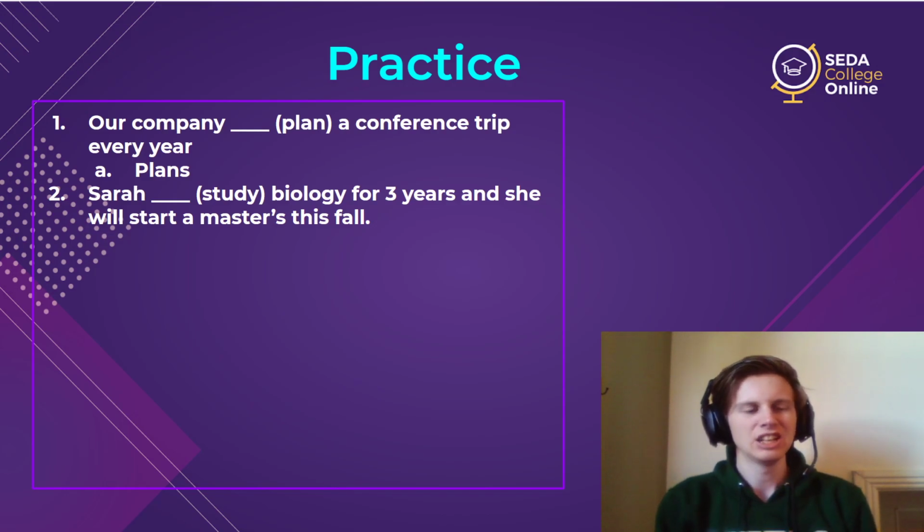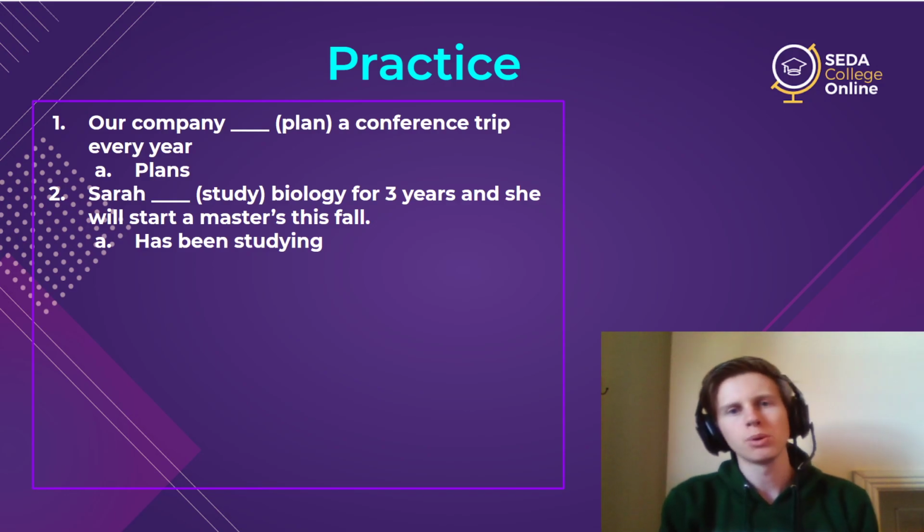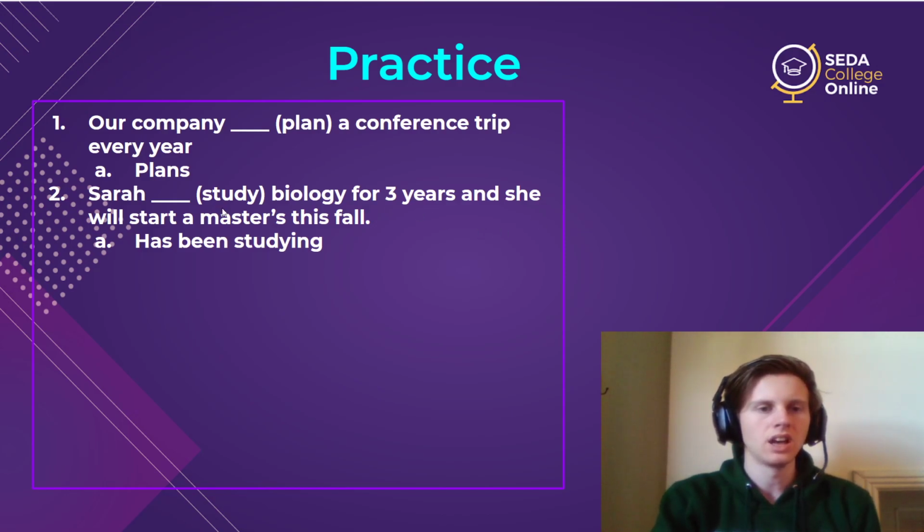Let's check. So for this one, we've got the present perfect continuous. Yeah, this one might be a little tricky. Some people might say, why not the past tense? Why couldn't I use the simple past here? And I will argue it's because of the next sentence here. Sarah has been studying for 3 years and she will start a master's this fall.